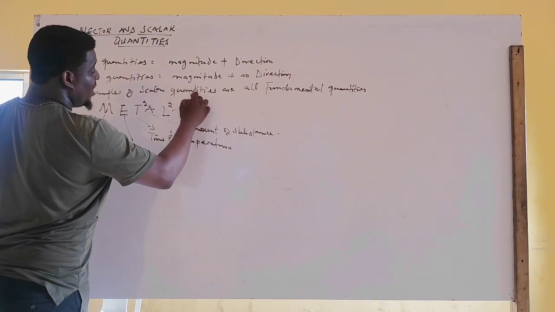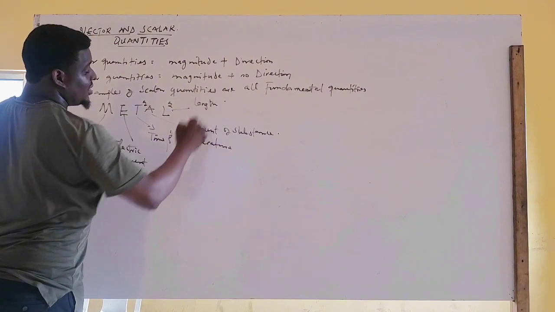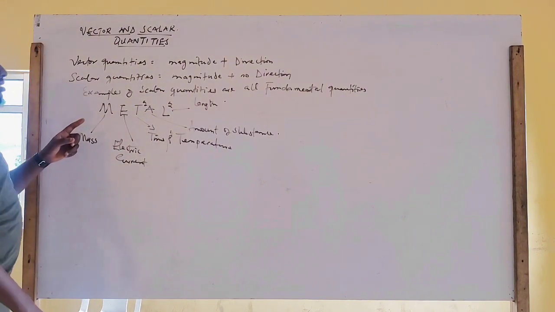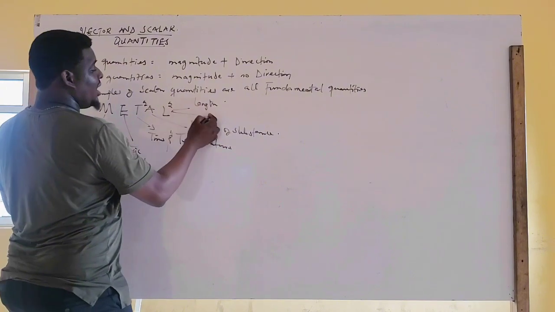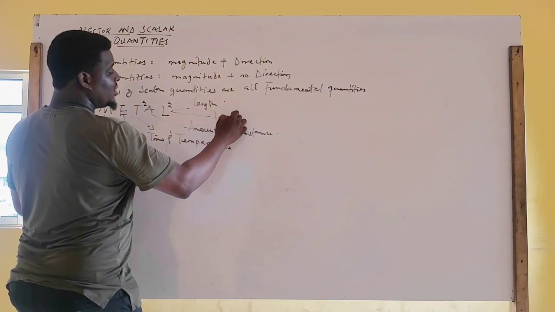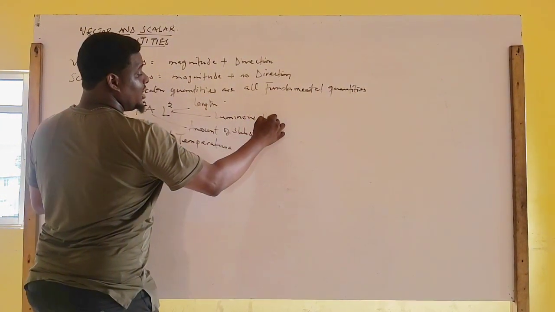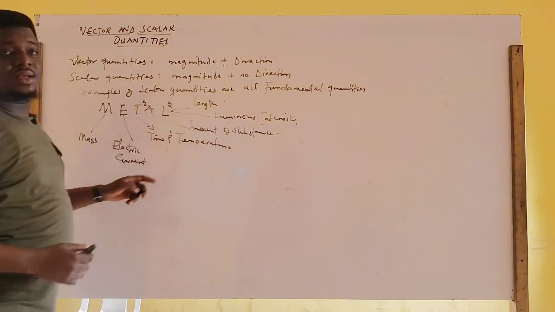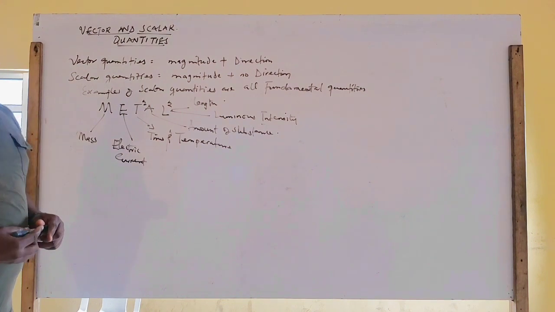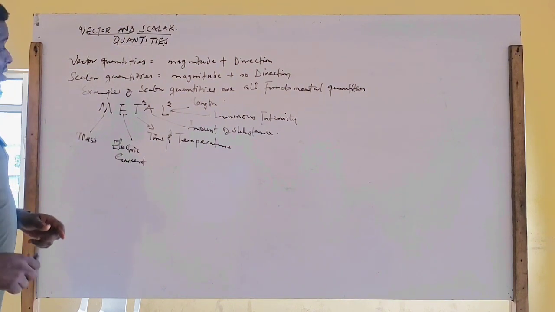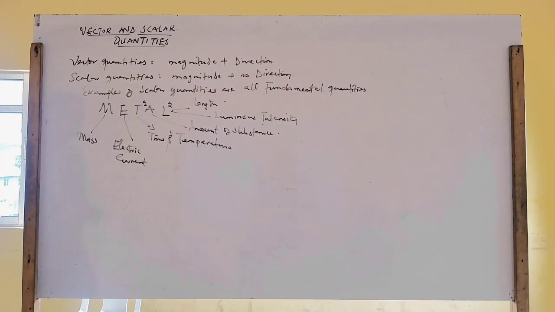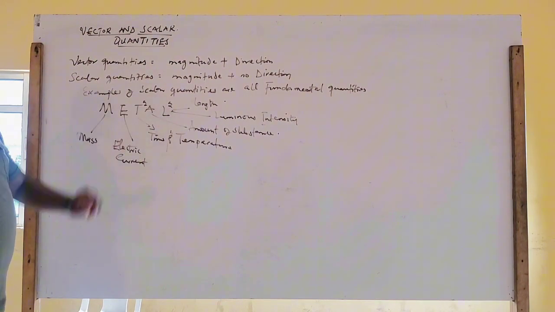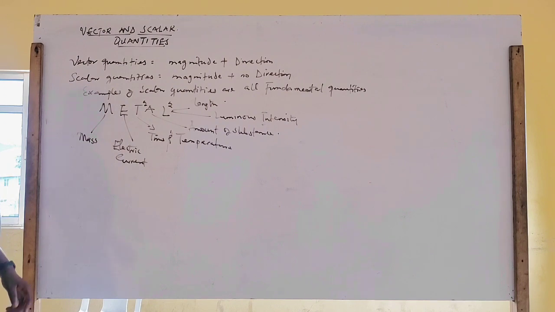This stands for length, in terms of distance. And also we have luminous intensity. All these are fundamental quantities, and they are all examples of scalar quantities.